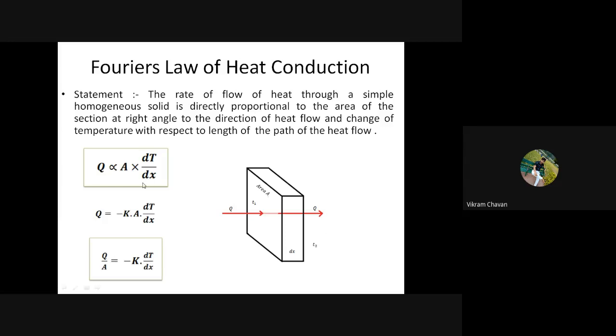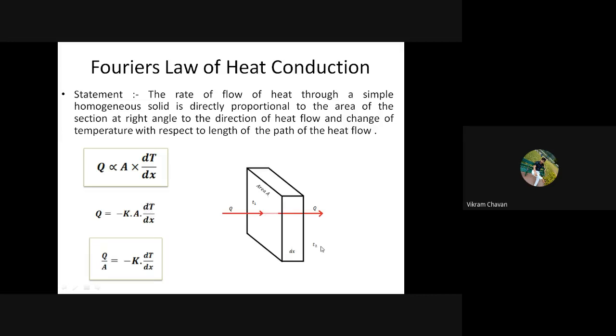So according to Fourier's law, we can state that q is directly proportional to capital A multiplied by dt divided by dx. To normalize this proportionality sign, we have to introduce one constant, capital K. Here we have introduced the negative sign also, to accommodate the negative sign of dt, the change in temperature.